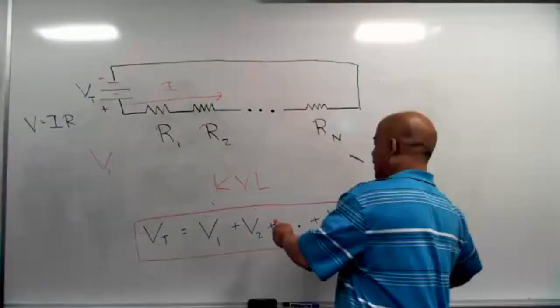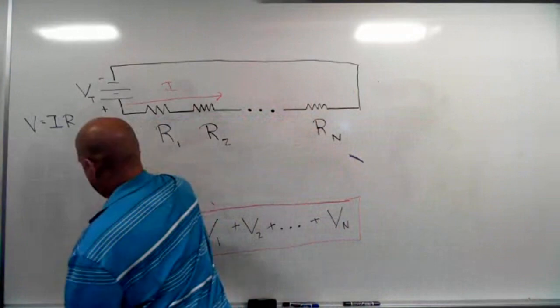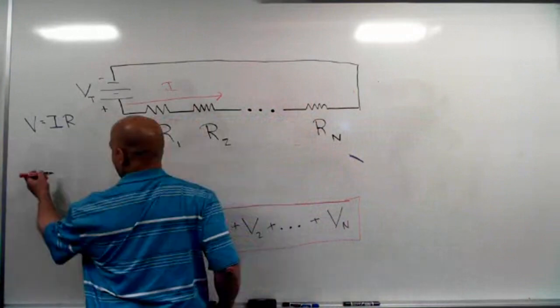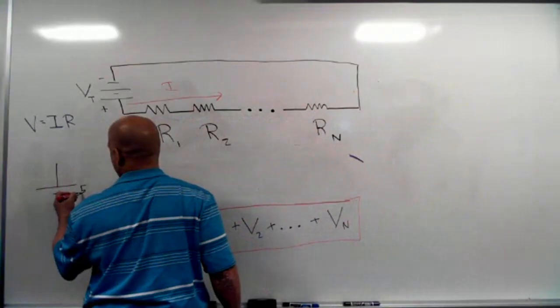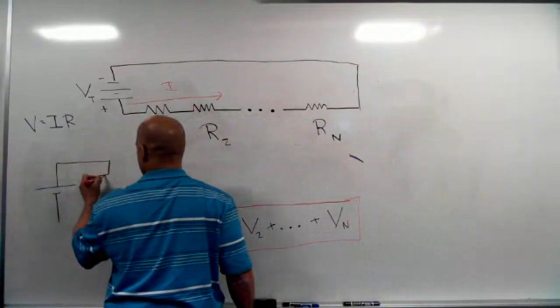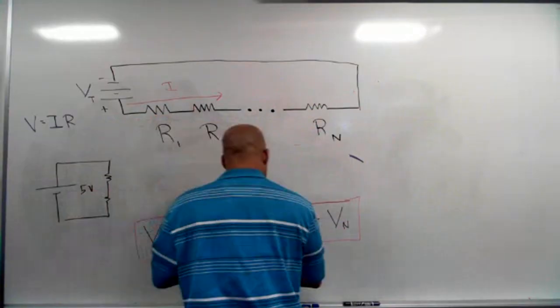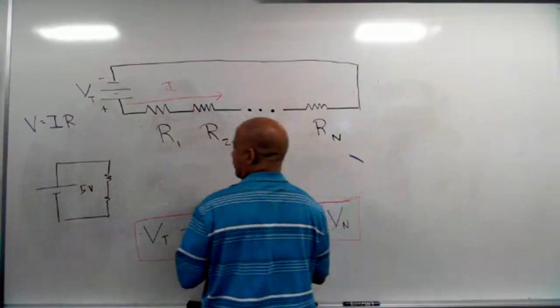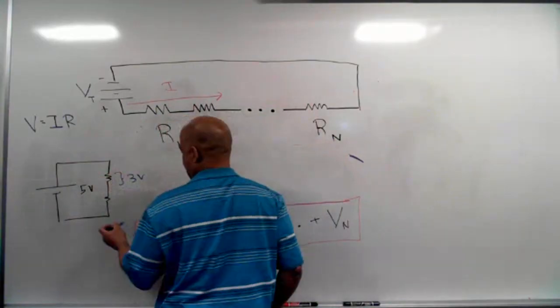For example, if you understand that, then if I give you a circuit like this, if I have a voltage source that's 5 volts, and I tell you that I have 2 resistors, and I tell you the voltage drop across that top resistor is 3 volts.